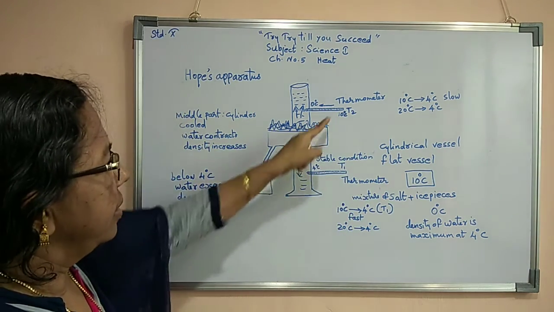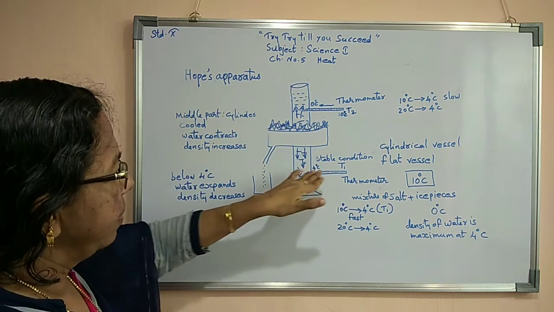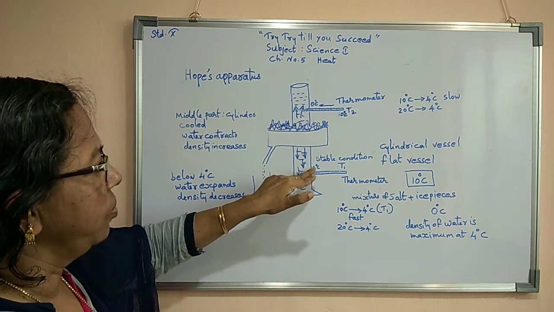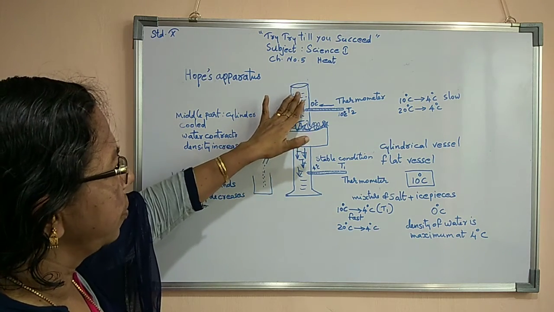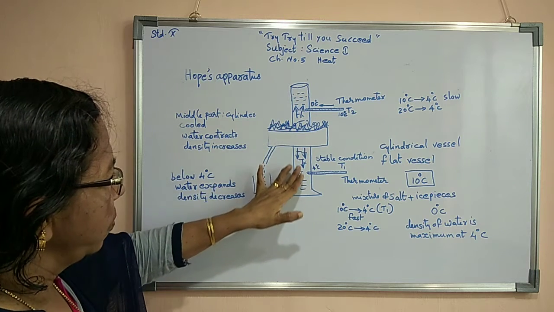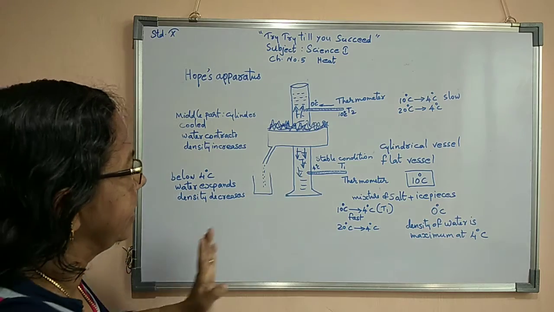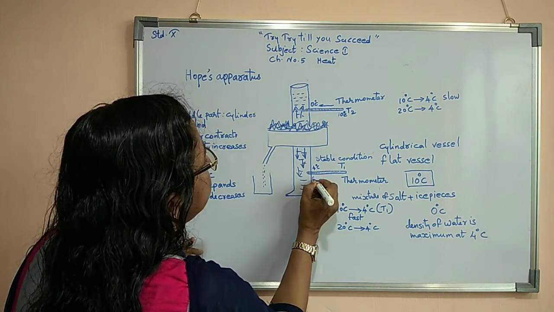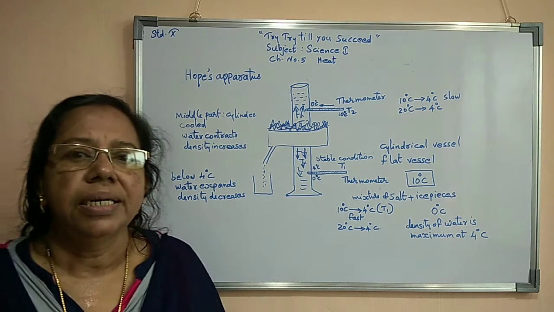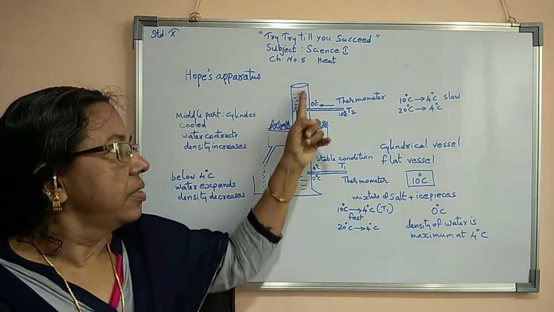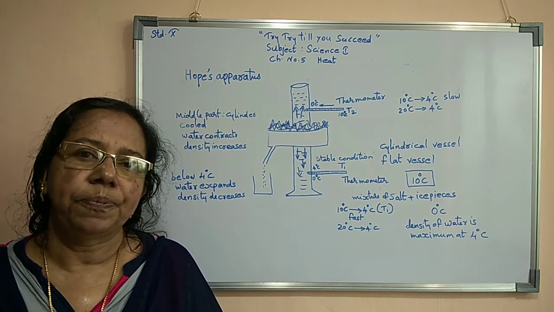Till this thermometer shows 0 degrees Celsius, the lower thermometer will show 4 degrees Celsius. Once this part fully becomes 0 degrees Celsius, slowly the temperature of the lower thermometer decreases and finally reaches 0 degrees Celsius. This is the Hope's apparatus and its function.